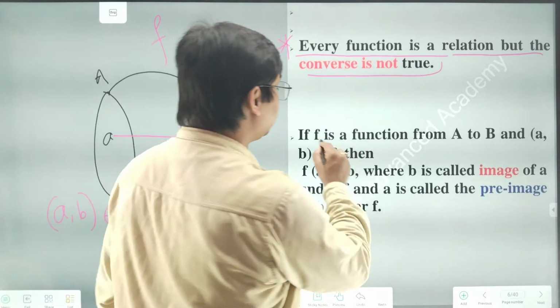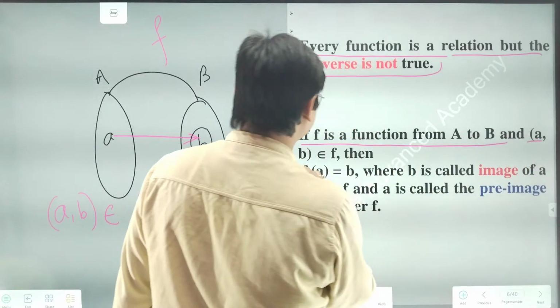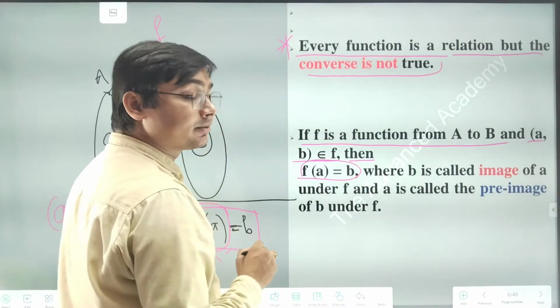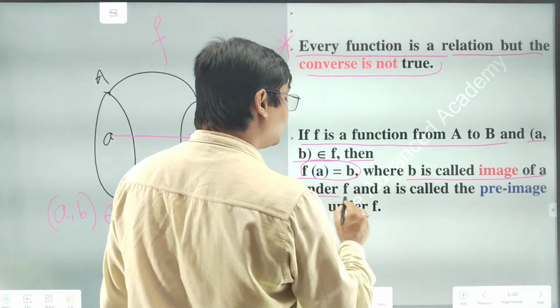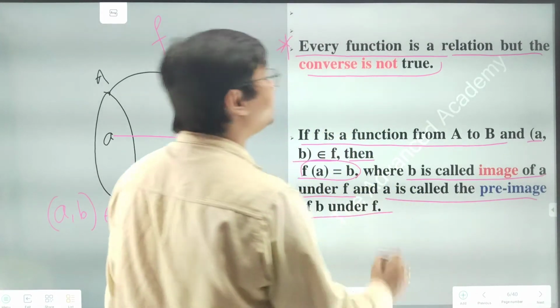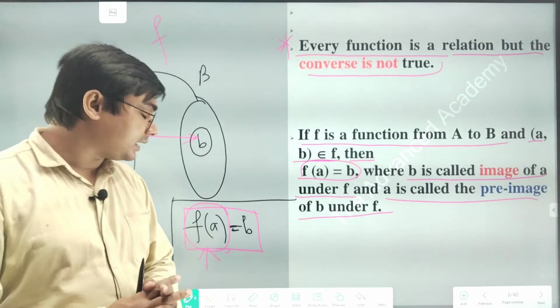So if f is a function from A to B and (a, b) belongs to f, then f of a equal to b, where b is called the image of a under the function f, and a is called the pre-image of b under the function f. Yes guys, is it clear?